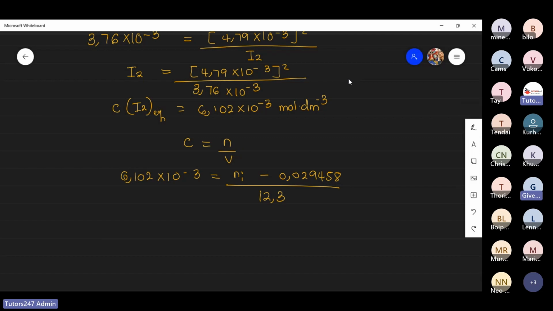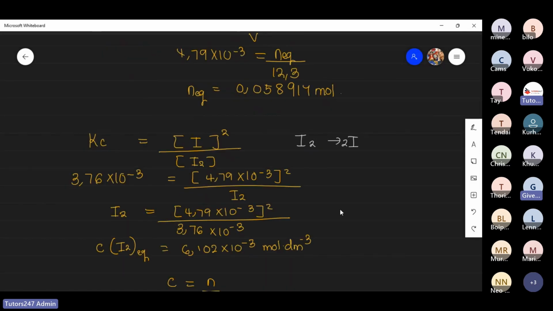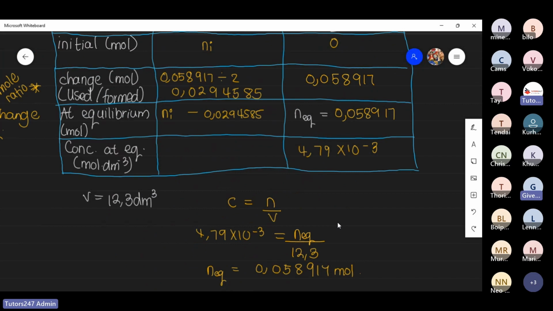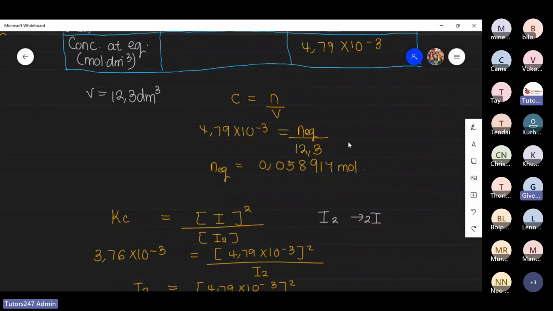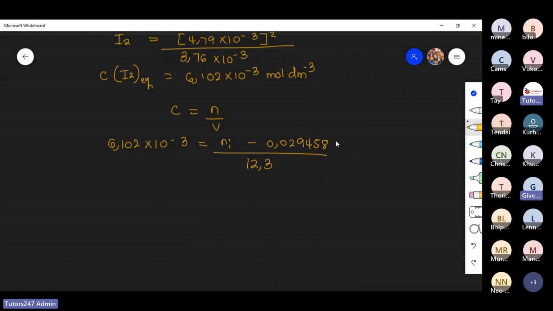Let's double check. 0.0294585. Okay, so it's ending in 5. Now we can cross multiply, so we'll have 12.3 times 6.102 times 10 to the power negative 3. We can move this negative 0.029 to the left, making it positive, 0.0294585, equals n initial.